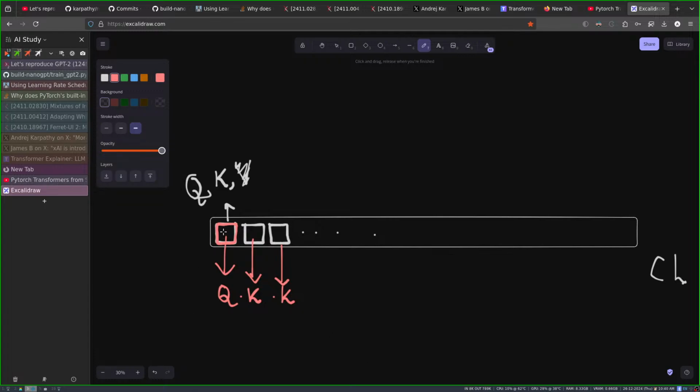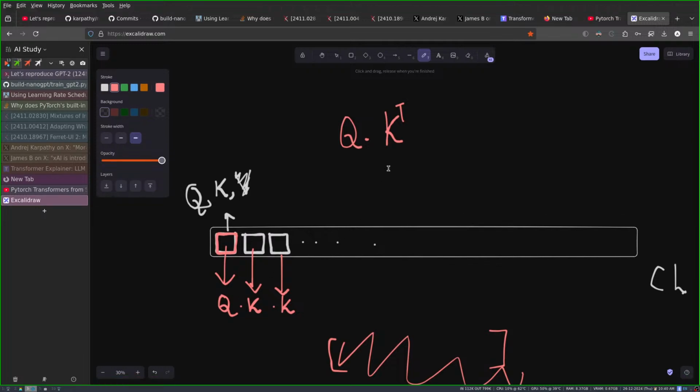What I'm trying to convey is that query dot product with key transpose will give a similarity score depending on how similar these two are, and this similarity score is used to calculate the attention.